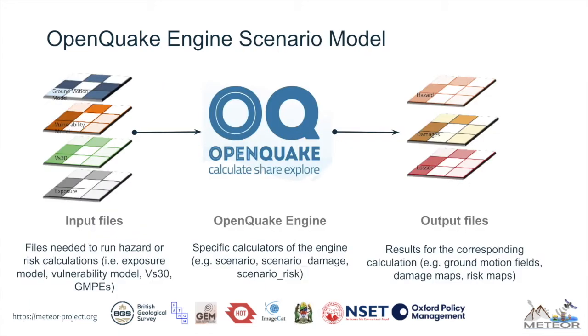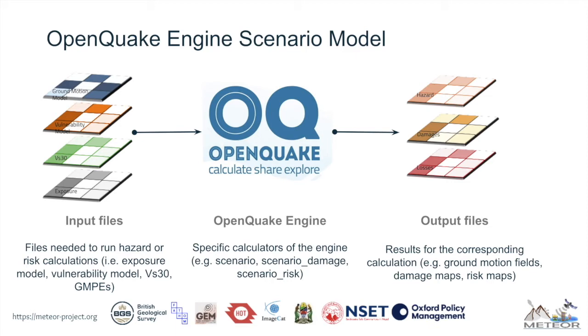Here's a diagram showing the input and output files as they relate to the OpenQuake engine. Since we're focusing on scenario models, those required inputs are shown here. On the input side, we have the ground motion model, the vulnerability model, the VS30 or the site model, and the exposure model.